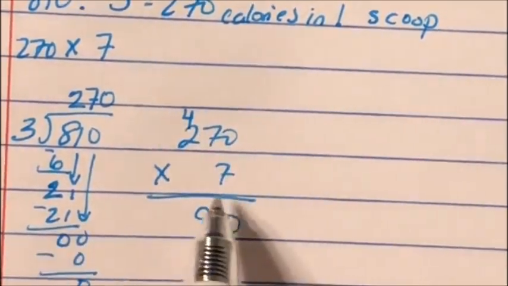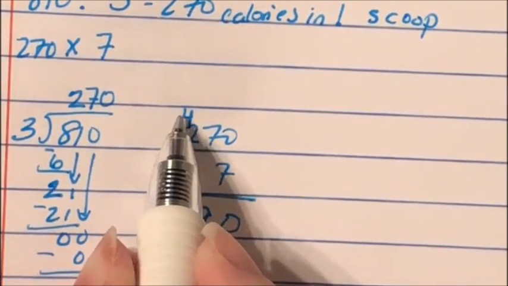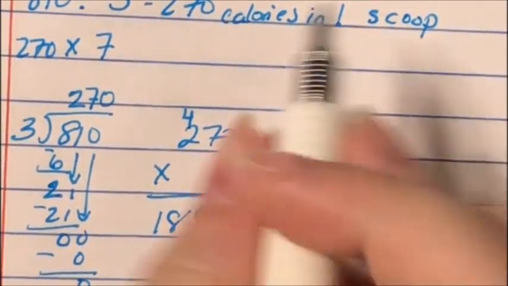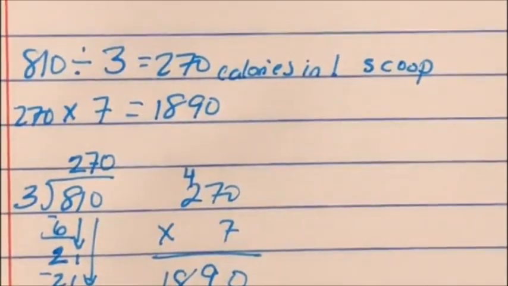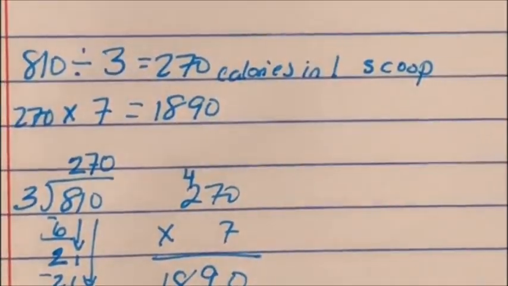I carry the 4. 7 times 2 is 14 plus 4, 15, 16, 17, 18. So 1,890, which is my final answer.